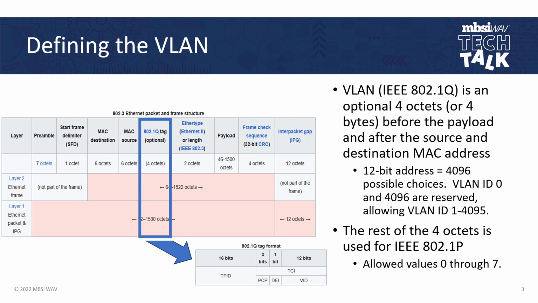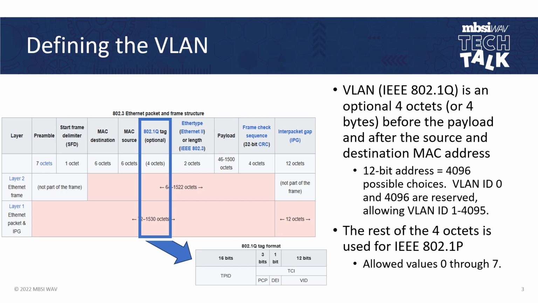All right, so in review, we can remember what the Ethernet layer 2 frame looks like. We have anywhere from 64 to 1522 octets that make up the frame. Of these octets, we have 4 that are used to generate what's called a VLAN tag.